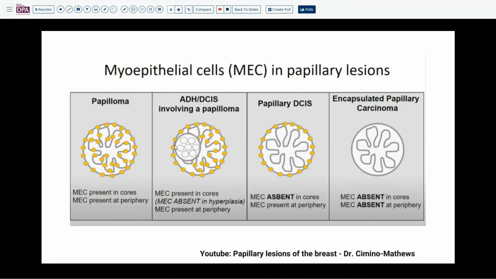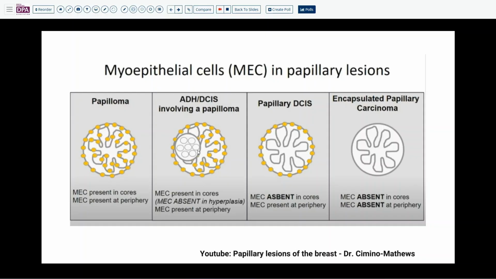Like in this cartoon, we can see this clip forming. So this is the architectural atypia. And when we see this focal area, if it is less than 3 millimeters, we call it ADH involving an intraductal papilloma. If this area is larger than 3 millimeters, we call this DCIS involving a papilloma.